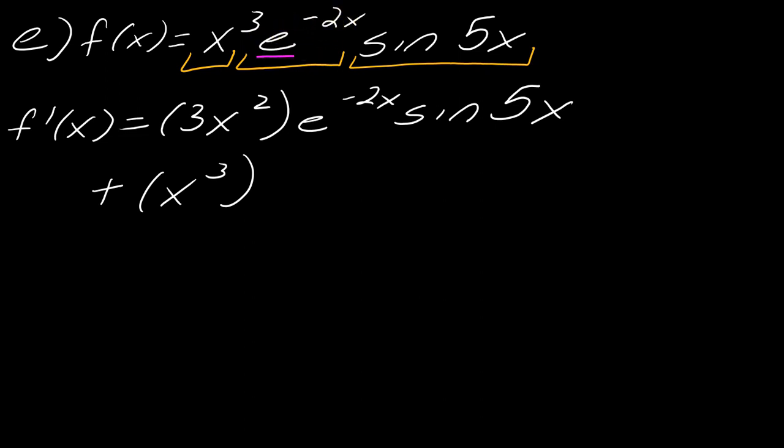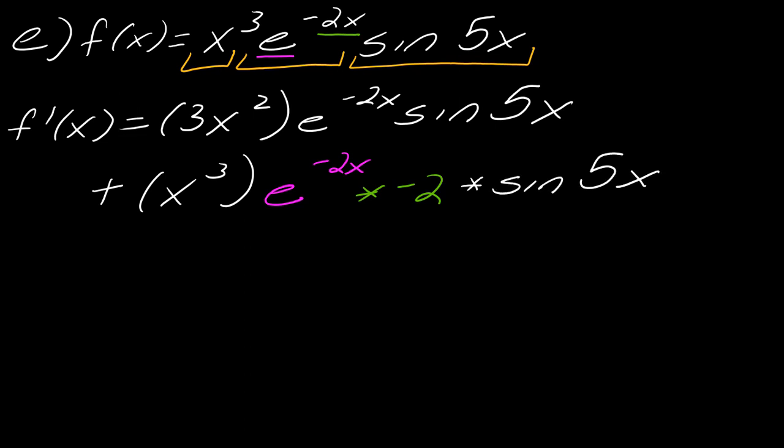Here's the outermost function, here's the innermost function. Taking the derivative of the outermost function, that will just be e. I leave the inside intact, and then I multiply that by the derivative of the inside function, which is just negative 2. So here's the derivative of this, and then don't forget, you still have to multiply by the last part of this. So still times sine of 5x.